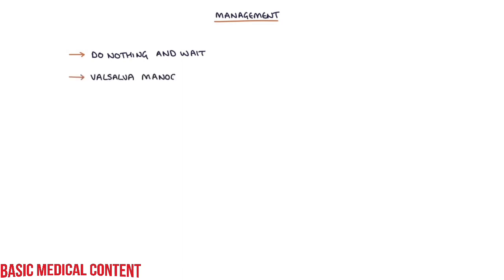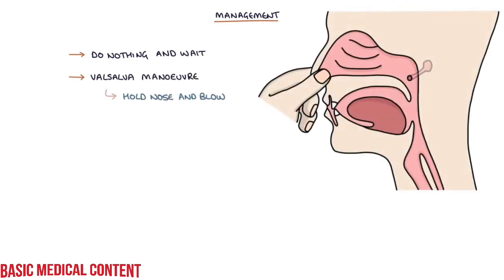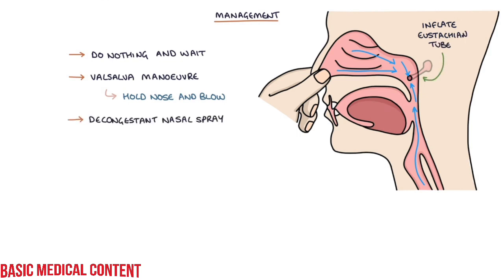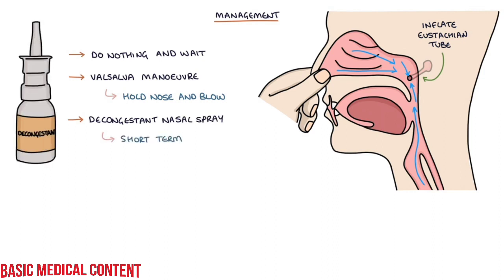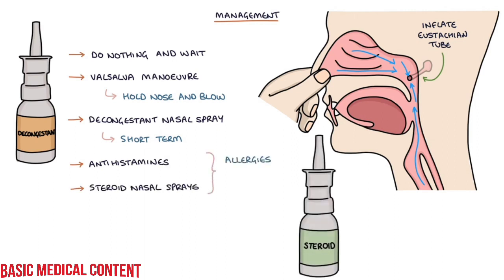Performing the Valsalva maneuver by holding the nose and blowing into it to inflate the eustachian tube. Using decongestant nasal sprays, but this should only be done short term. Antihistamines and steroid nasal sprays may be helpful for allergies or rhinitis as the cause, and surgery may be required in severe or persistent cases.